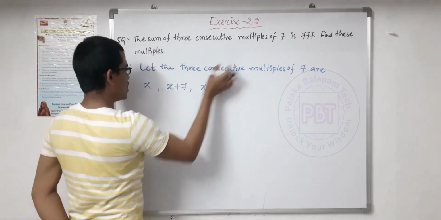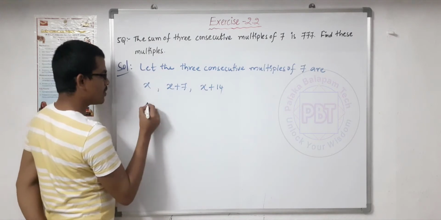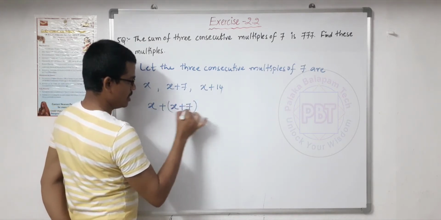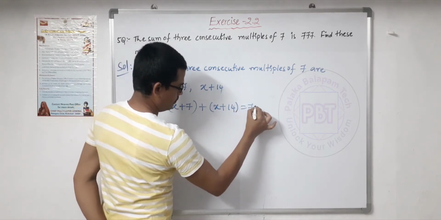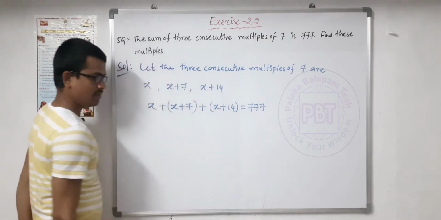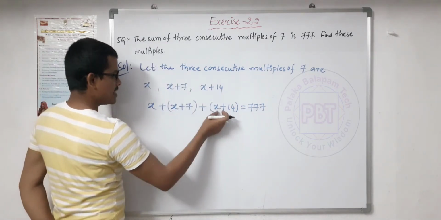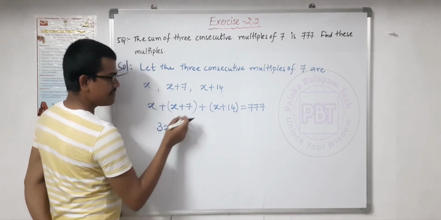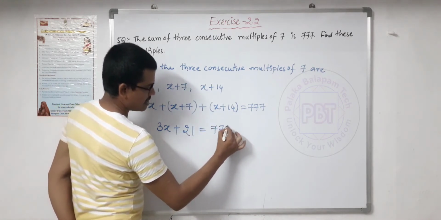According to the question, the sum of these three multiples is 777. So x plus x plus 7 plus x plus 14 equals 777. So x plus x plus x is 3x plus 14 plus 7, 21, equal to 777.